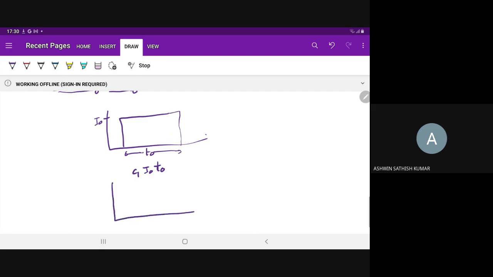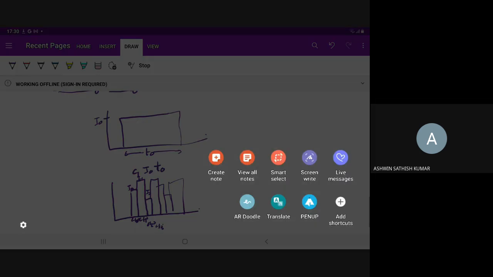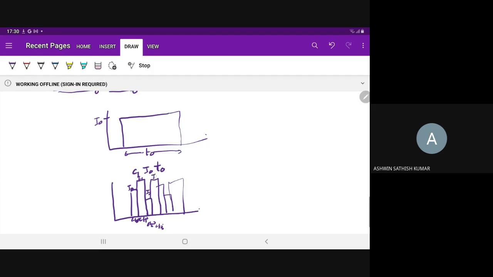At the same time, the inventory level may increase, may decrease, anything can happen depending on the process. So here we have T naught, T1, T2, T3, and here we have the inventory levels I naught, I1, I2, I3, I4, I5, and I6 like this.